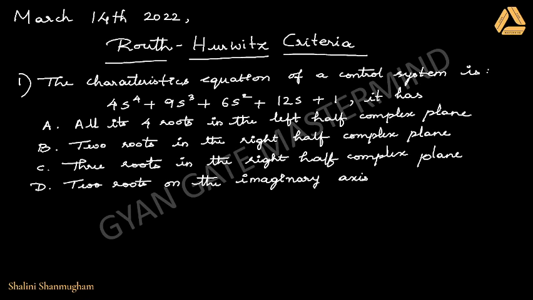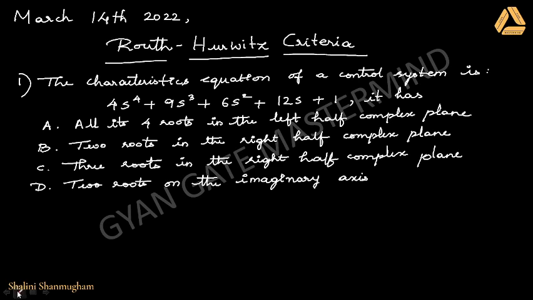So, the first problem: the characteristic equation of a control system is 4s^4 + 9s^3 + 6s^2 + 12s + 1. We have to find which option suits it.